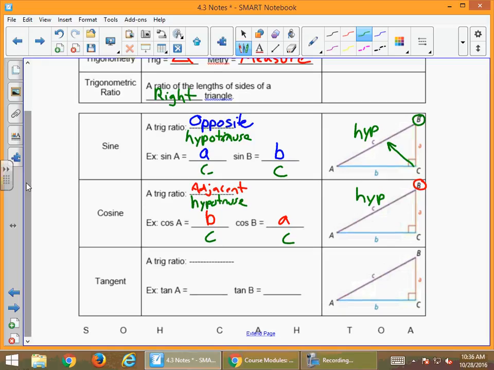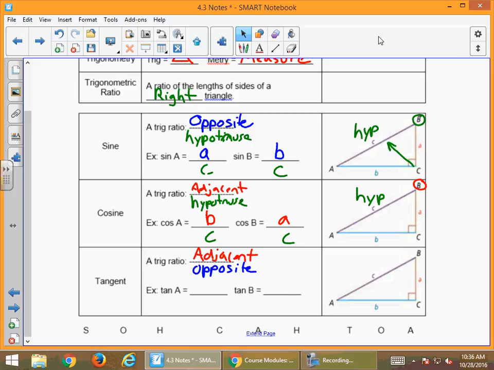All right, and the last one we're talking about is tangent. T-A-N on your calculators looking there. The tangent is kind of the blend of the two. This is going to be the adjacent over the opposite. Adjacent over the opposite. Now, still coming.